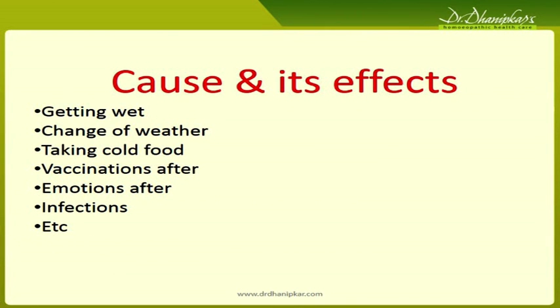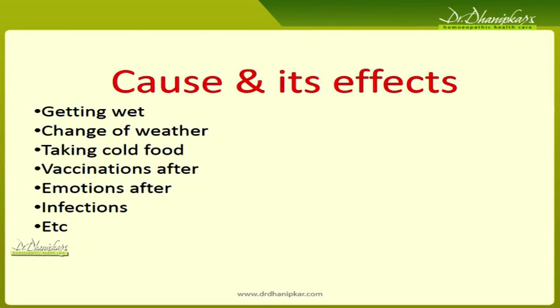For example, suppose we have causes like getting wet, change of weather, which is so common in children, taking cold food or taking outside food which is rich and fatty, after vaccinations, after emotions, after infections, etc. Once we know this cause, the next thing we see is what is the change that has occurred in the person.